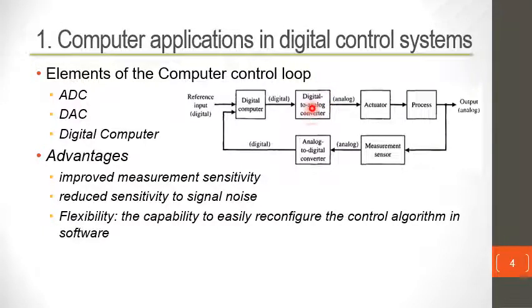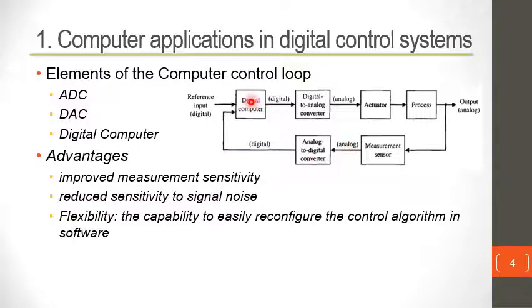A digital to analog converter would be a signal processor which converts from digital to analog. Then this would give this to an actuator, say in this instance a motor. The motor would then turn, maybe it's stirring a tank, which is our process, to mix a certain blend of chemicals, and then the output would be, say, how well the blend is mixed. This process would then be measured by a sensor to give you potentially an analog signal, but this analog signal has to be converted from analog to digital so that the computer can understand this information.